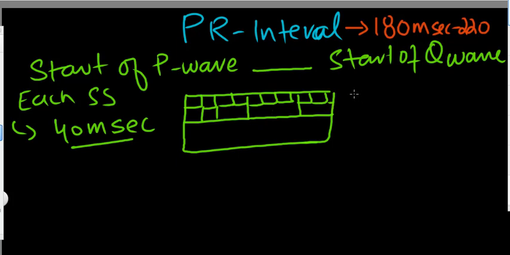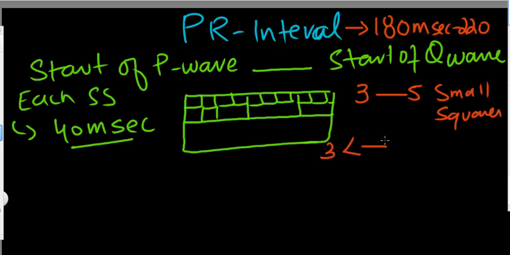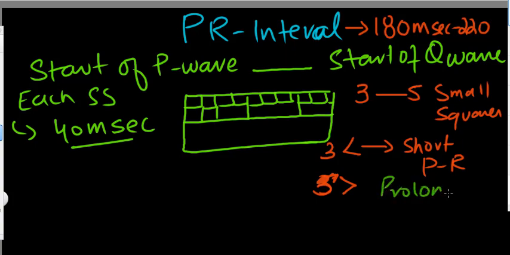So we can say that it is between 3 to 5 small squares. In short, if it is less than 3, it would be called a short PR interval, or if it is more than 5, you can call it a prolonged PR interval.